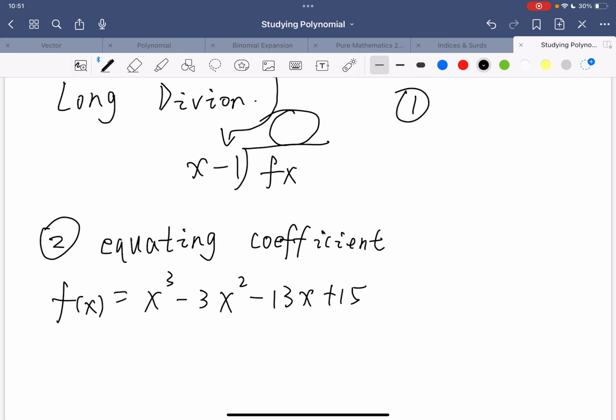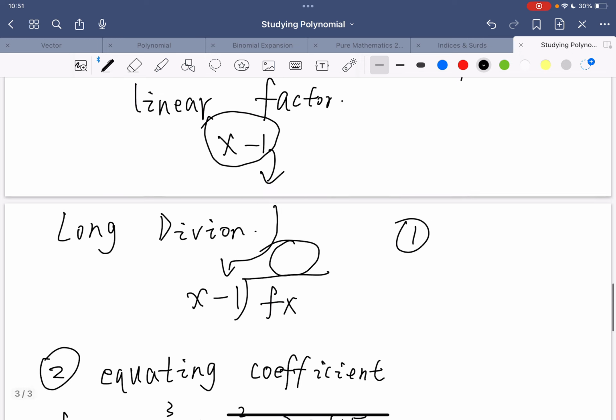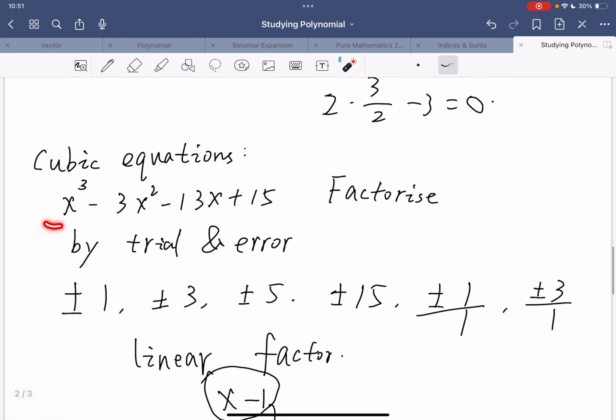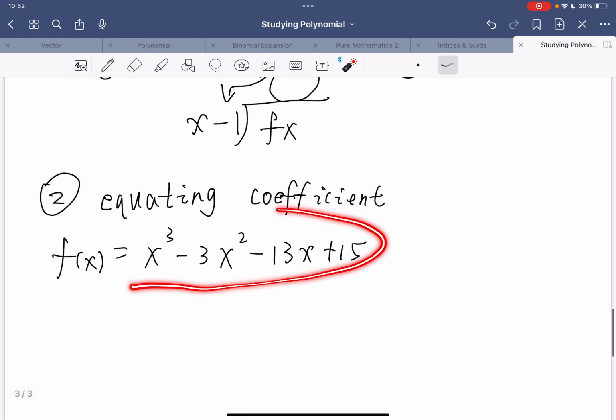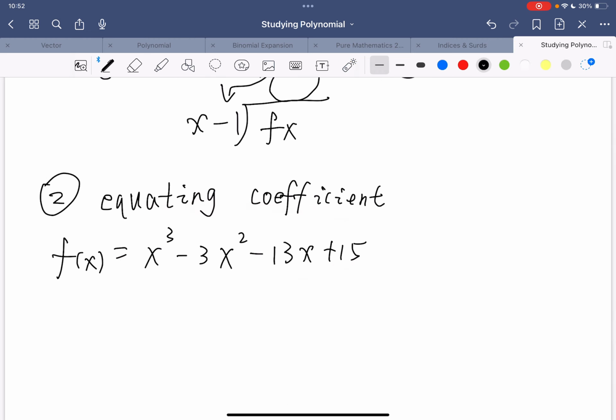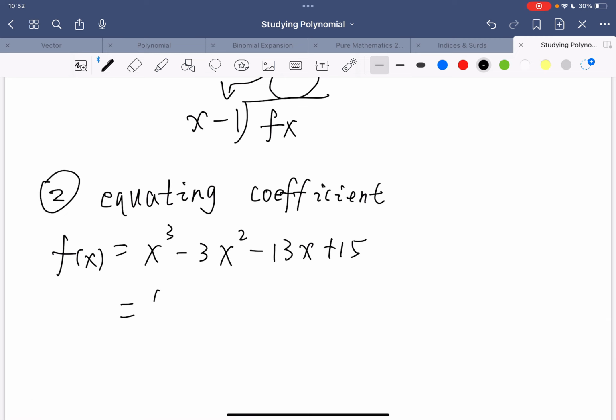So this is the original expression, right? We just copy it right here. It should be equal to x minus 1 times ax squared plus bx plus c. Oops, I missed a coefficient here.